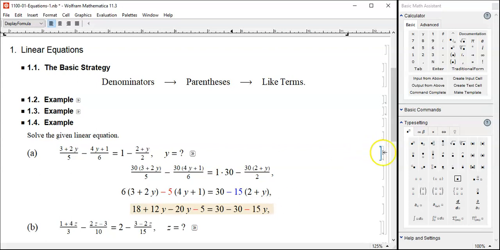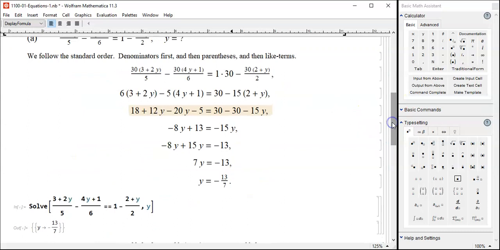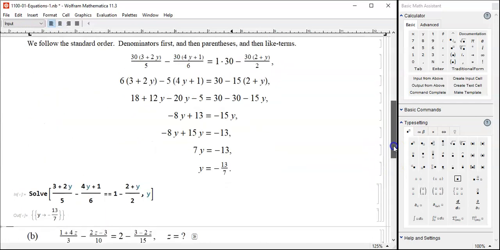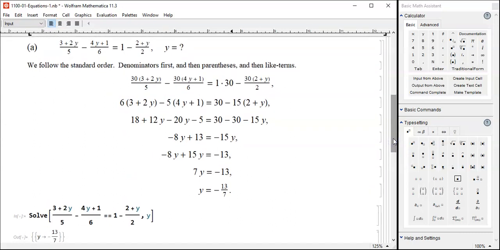Okay. From here, you can take the like terms together and then go ahead and complete the problem. You can do that. I don't need this anymore. And here's the full solution.